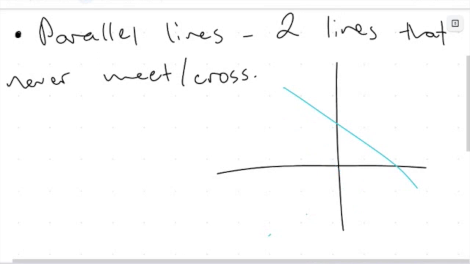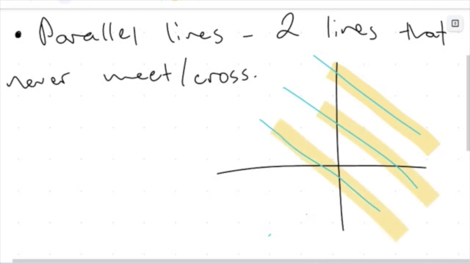If they have the same slope, so the x and y change in the same way, no matter where we draw it, it's never going to meet the other line. For example, these two have a different y-intercept, but it doesn't really matter. What matters is that they have the same gradient. The y and x variables in each are changing at the same rate.